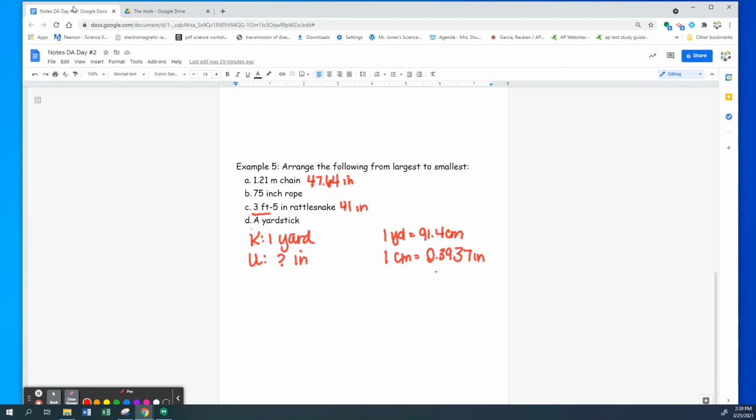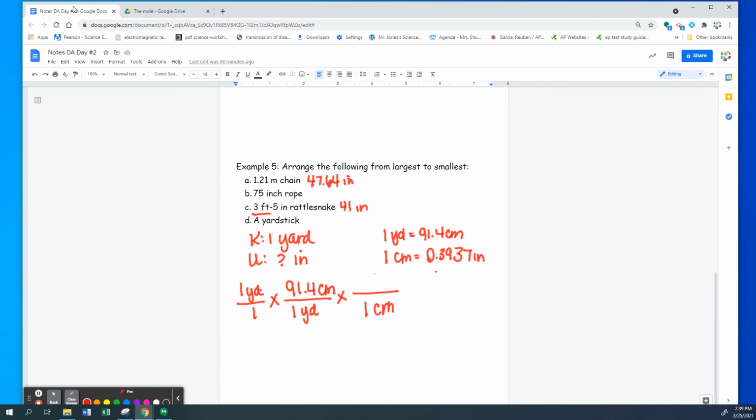Go ahead and set it up with what I'm starting with. 1 yard. Put it over 1. Yard is on top, so yard is going to be on bottom. Now the other half goes on top, so 91.4 centimeters. Now I have centimeters on top, so I'm going to write my 1 centimeter on the bottom.